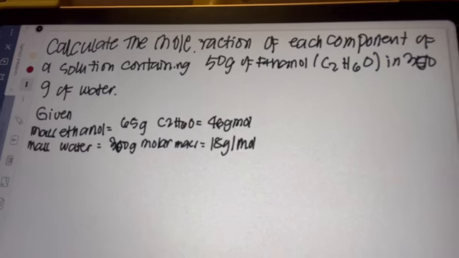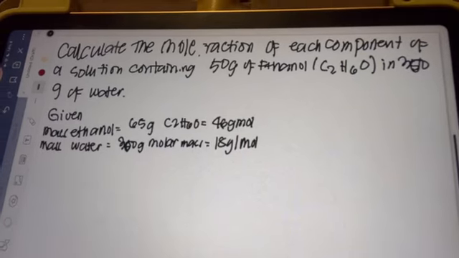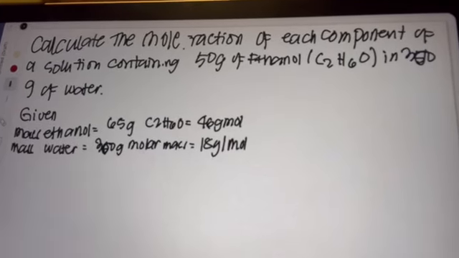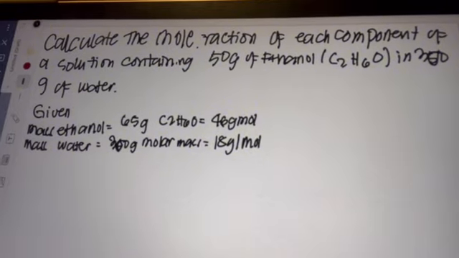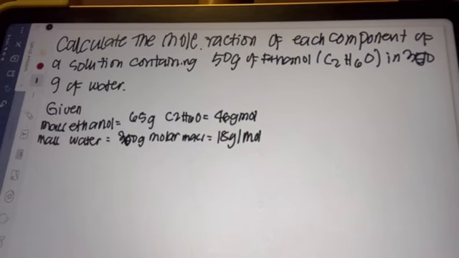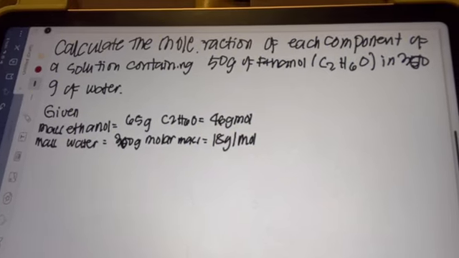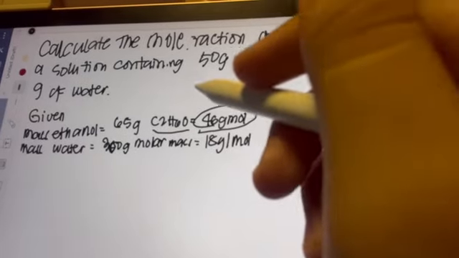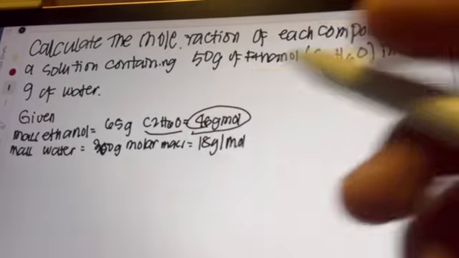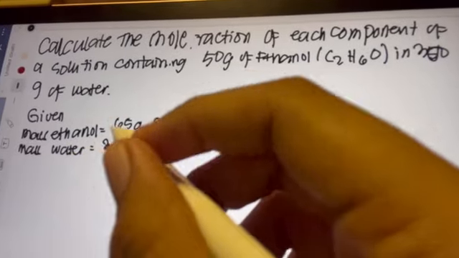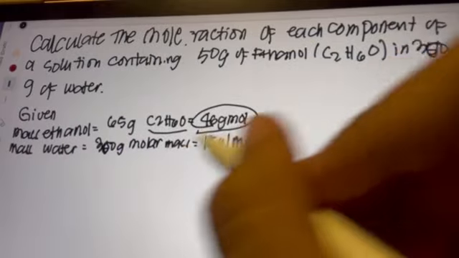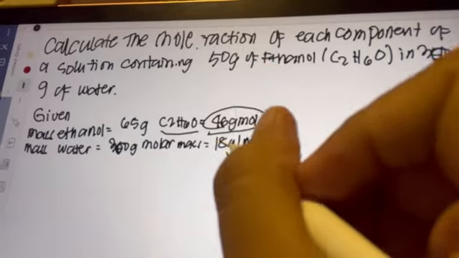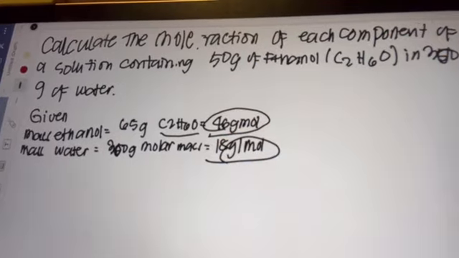Problem for mole fraction. Calculate the mole fraction of each component of a solution containing 50 grams of ethanol in 300 grams of water. Mass of ethanol is equal to 50 grams. The molar mass of ethanol is 46 g/mole, and mass of water is 300 grams. The molar mass of water is 18 g/mole. First, we will divide for ethanol.